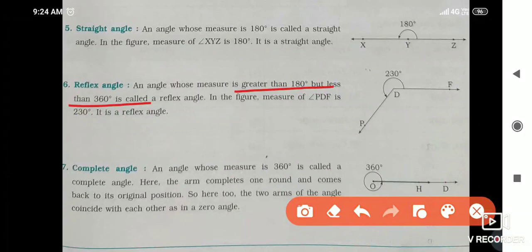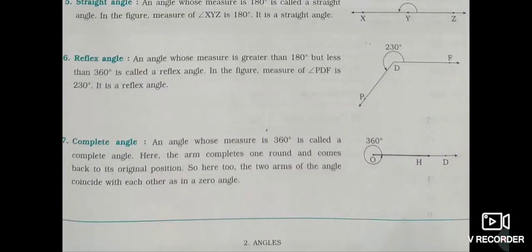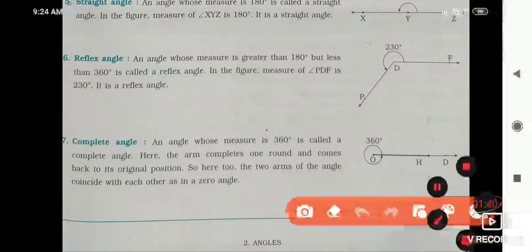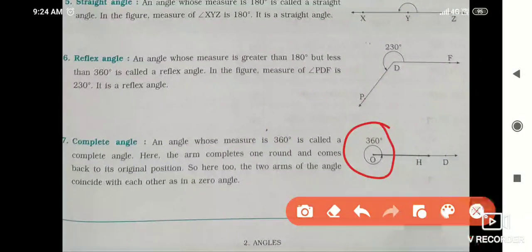And at last we saw the complete angle, and its measure is exactly 360 degree. What is the difference between 0 degree and 360 degree? In both the 0 degree and the 360 degree, both arms of the angle coincide with one another.